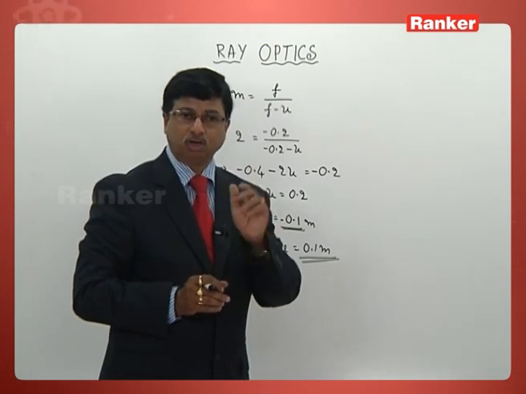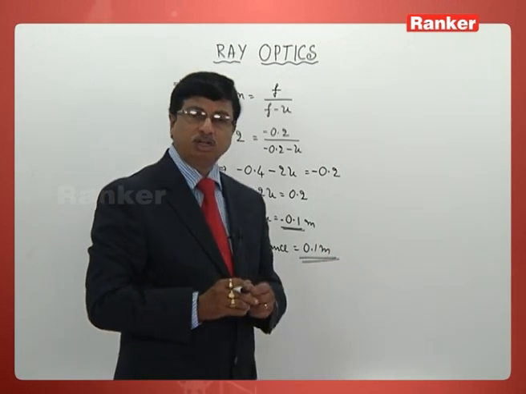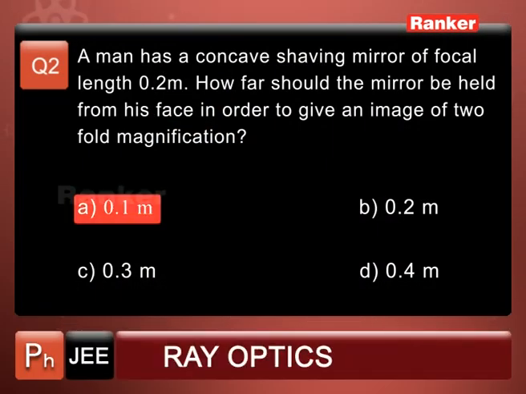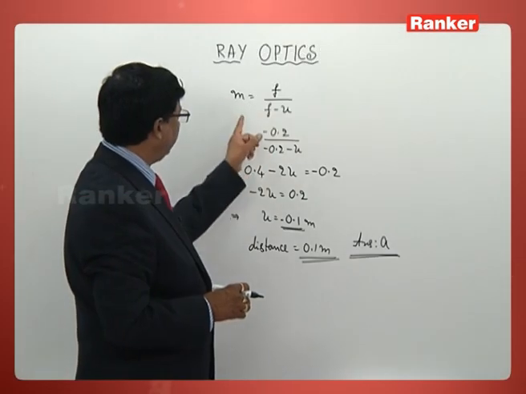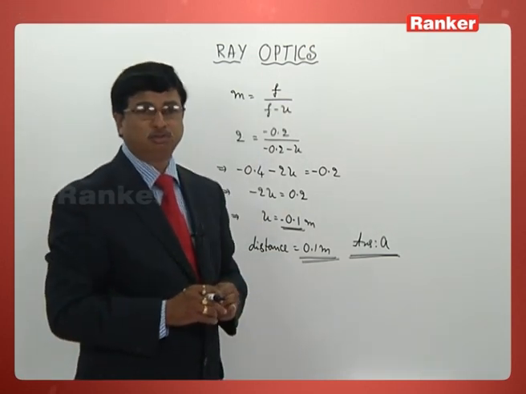So out of all the 4 options, the very first option is exactly the same value given in the problem. So we can directly take up the correct answer for this problem number 2, that is going to be the first option.